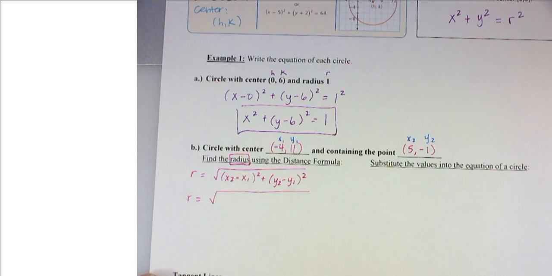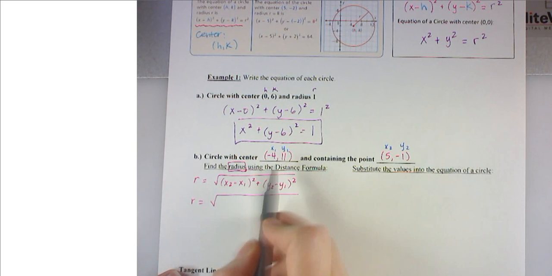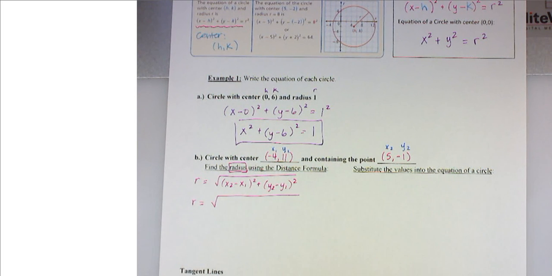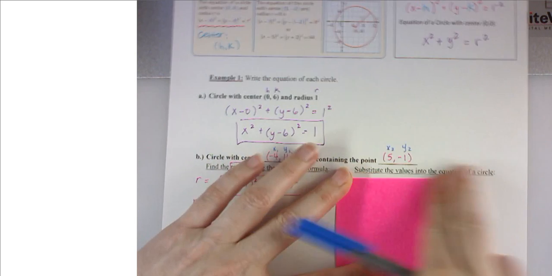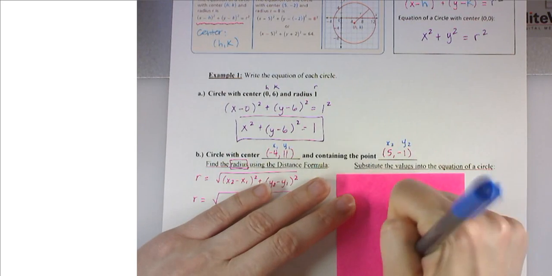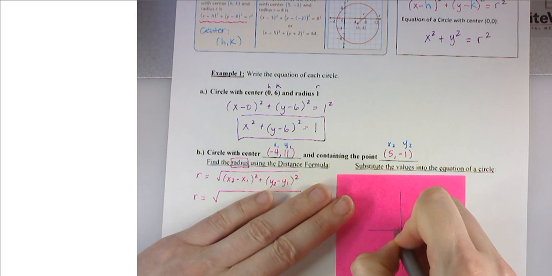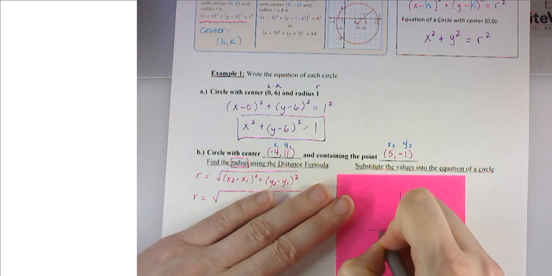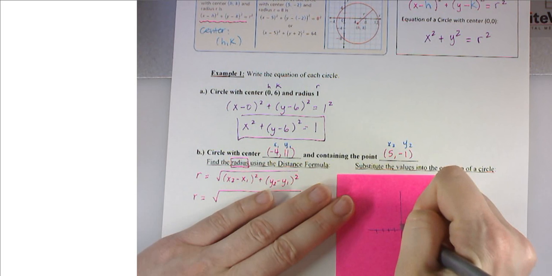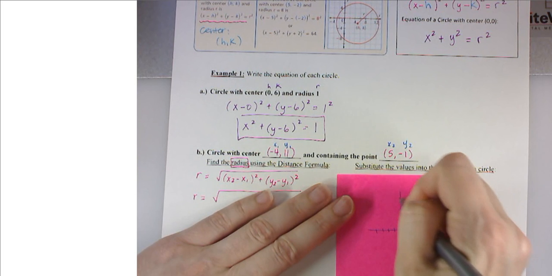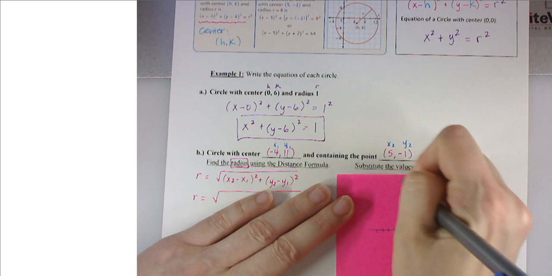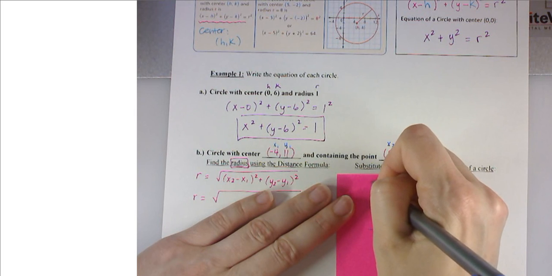So here's the center, here's the point. I was just going to draw a little sketch for you. Basically what's happening is you're on your coordinate plane. If you're at negative 1, 2, 3, 4, and then up 11, here, that's your center. (5, -1) here.